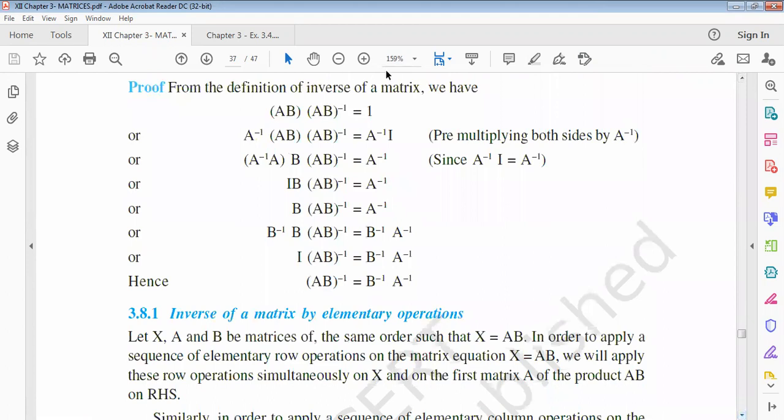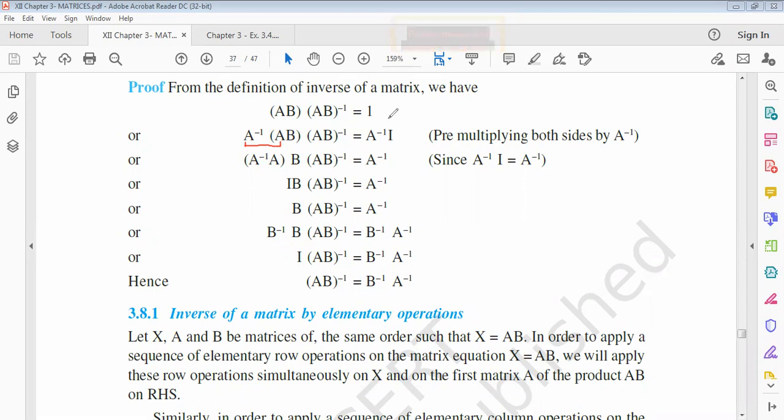From the definition of the inverse of a matrix, AB into (AB) inverse equals I. Then multiplying both sides by A inverse, that is, pre-multiplication on both sides by A inverse. Then A inverse and A are taken together, and B and (AB) inverse are as they are.